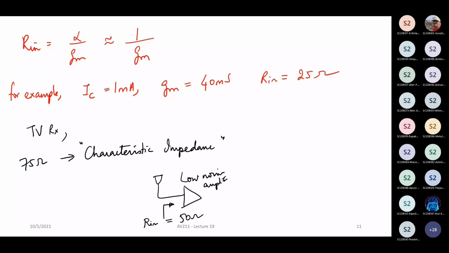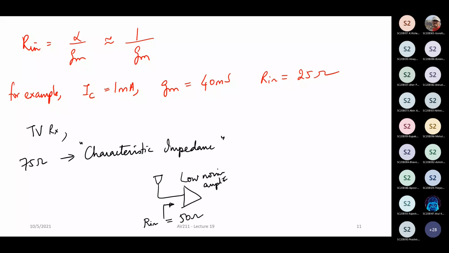So all these receivers, RF receivers, TV receivers, all of them make use of this as one of the potential candidates, the common base or common gate amplifiers.